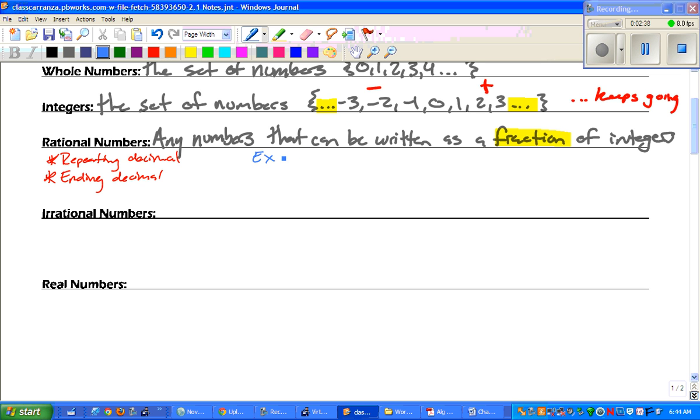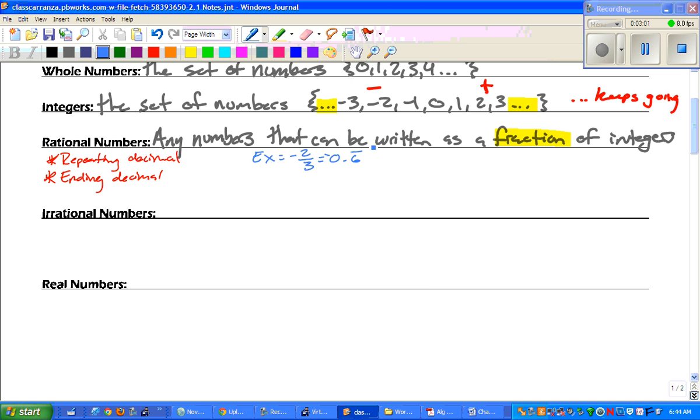Now, if we have negative 2/3, okay, what that looks like is a negative 0.66666666, and this number keeps going on forever and ever and ever.